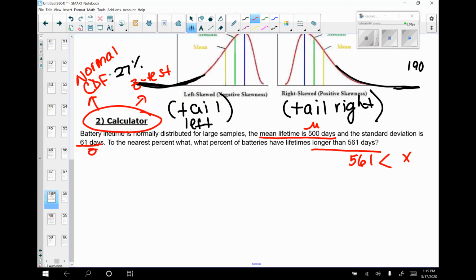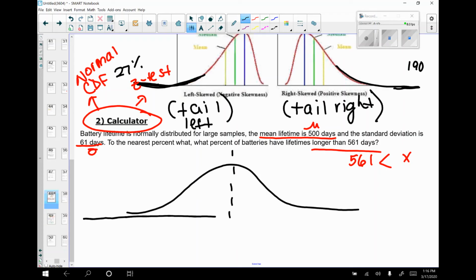Well, first off, what always helps me is I draw my normal distribution first. So I say, okay, let's think about this here. I have my mean here at 500. I know that my next standard deviation will be at 561 and then at 439.